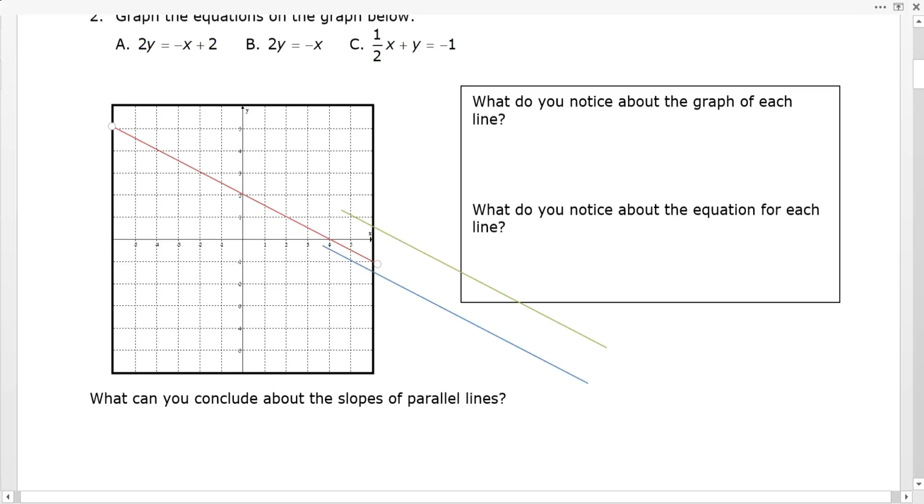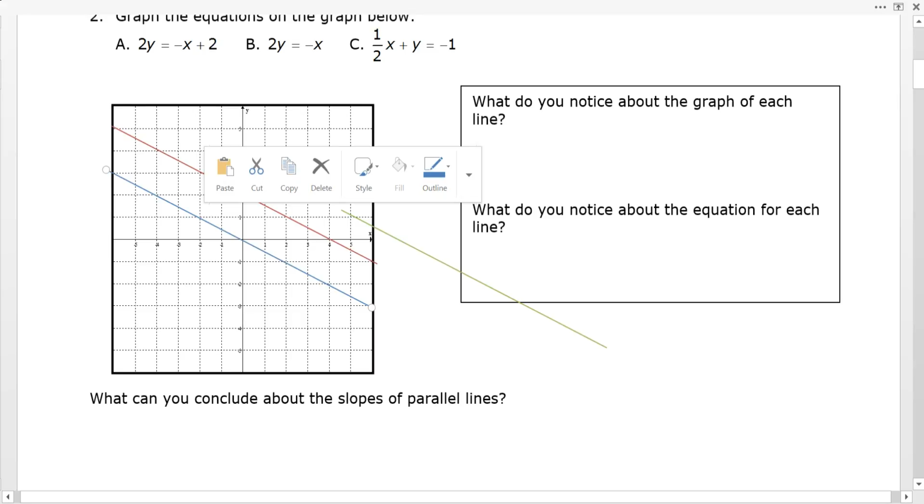So there's line A. Line B, I'm dividing everything by 2 again, and it goes through the y-intercept, and also has a slope of -1/2. So it goes up 1 over 2, up 1 over 2, has -1/2 for the slope.